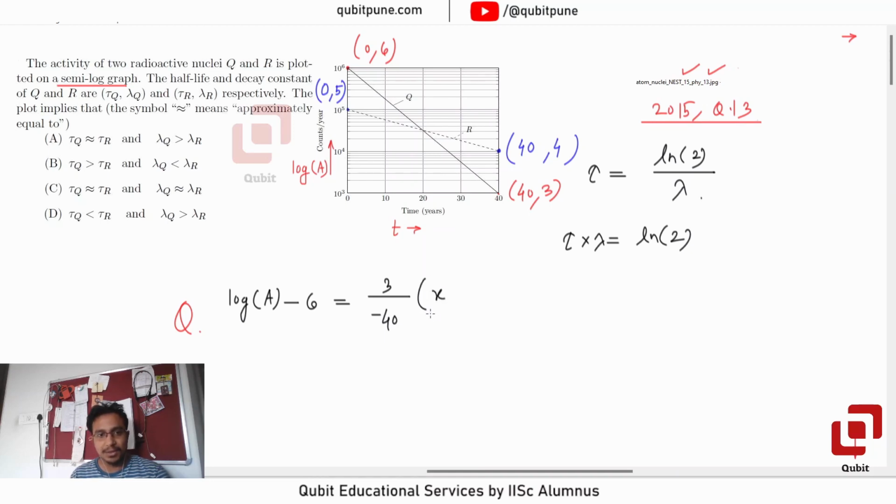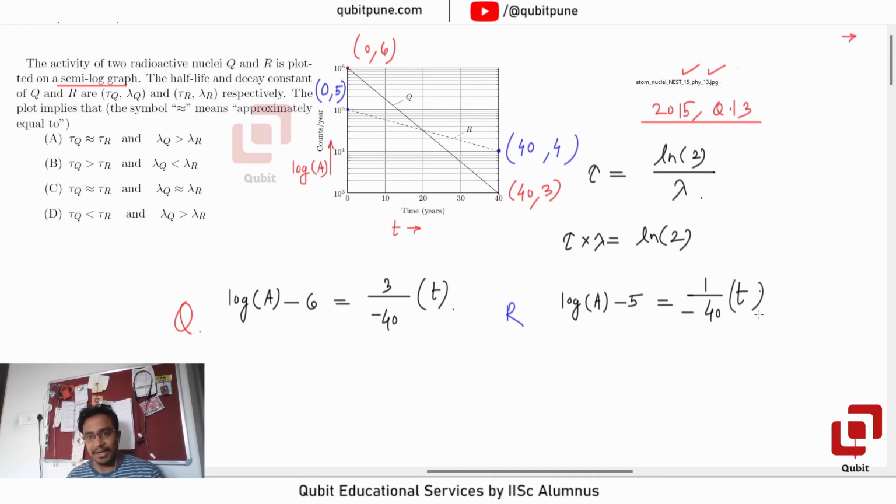Now x is t. And what will be the equation for line R? y minus 4 is equal to y2 minus y1 upon x2 minus x1, so negative 1 upon 40 into t.